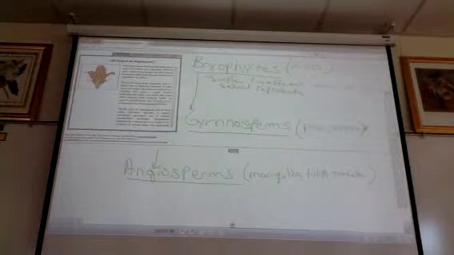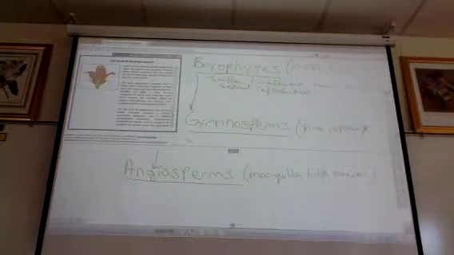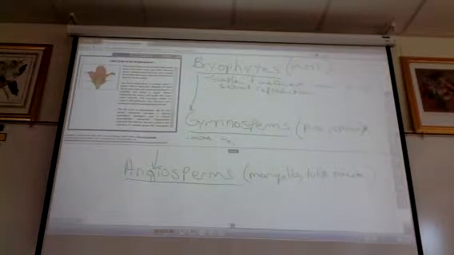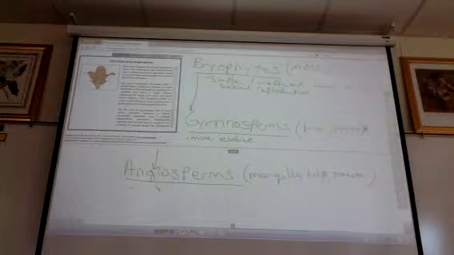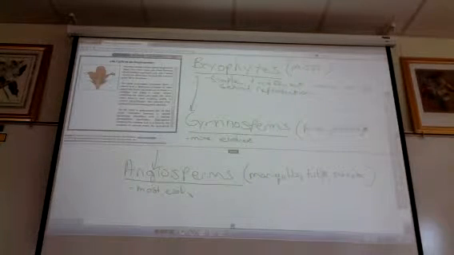Bryophytes have sex, but not in a very efficient way. Gymnosperms have a more evolved way to have sex. And then angiosperms have the most evolved way to have sex. Okay?